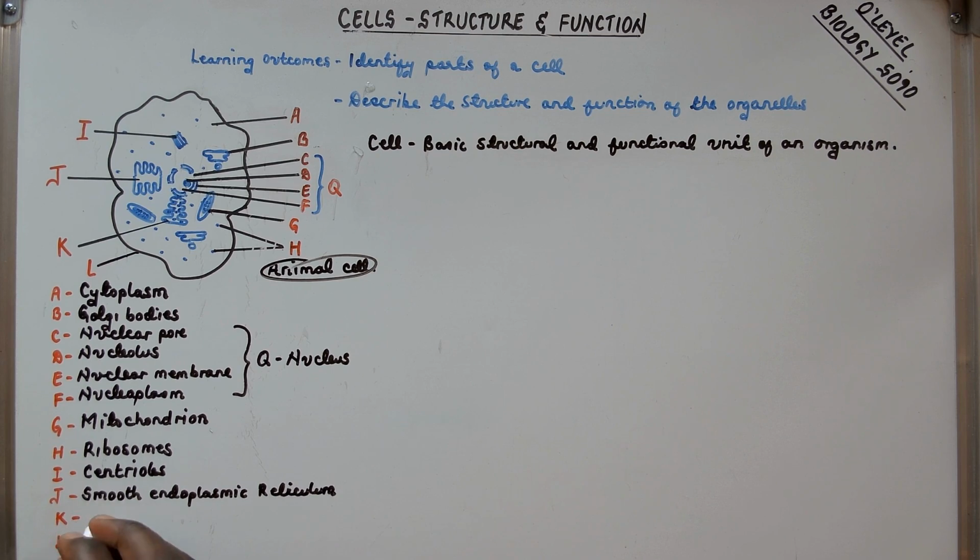Then K, rough endoplasmic reticulum. Then L is the cell membrane. So these are the organelle structures of this particular cell.